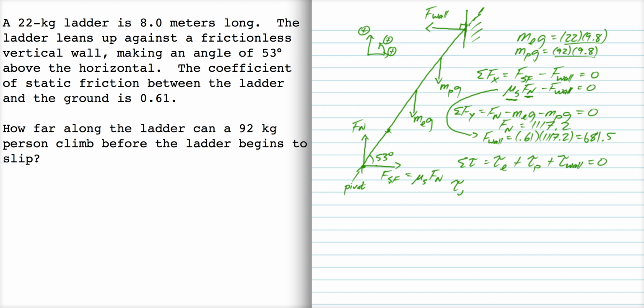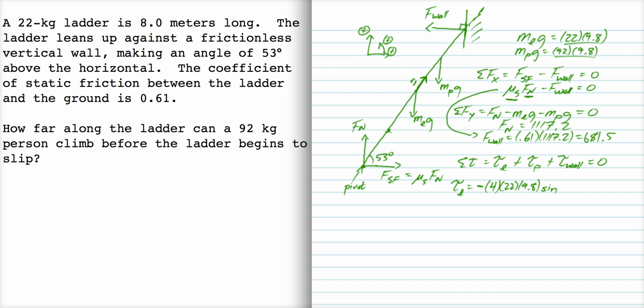Now the torque due to the ladder's weight. The ladder's weight is trying to make the ladder rotate clockwise, so we have a minus sign. The distance from the pivot to the point of application of force is 4, halfway up the ladder, because the ladder is uniform. It doesn't say that the ladder is uniform, but I think we can assume that. The weight of the ladder is 22 times 9.8, and then sine of what?